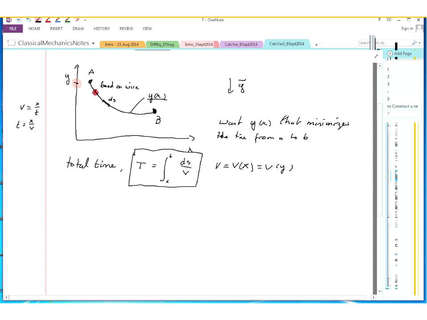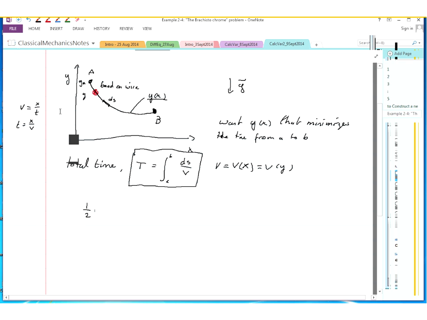So what is the speed? Let's say the bead starts here at a height ya, and at some point in time it's at a height y. So we can use conservation of energy to find the speed of the bead as a function of y.